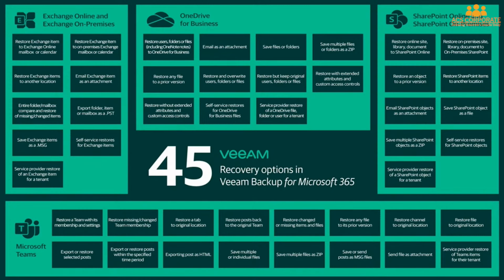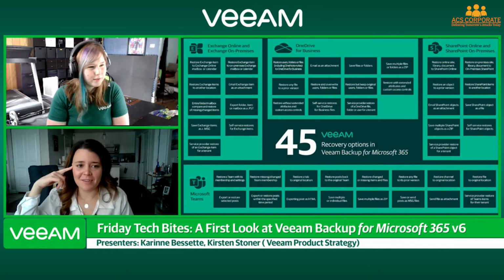Yeah, and what's cool about this graphic is that we have this available for Veeam Backup for Microsoft 365, but we also have it available for Veeam Backup and Replication as well. And I think that for Veeam B&R right now, we might be up to like 60 restore scenarios, right? At least. I think we're actually up, like, was it 145 last one I saw, or 100 and something?